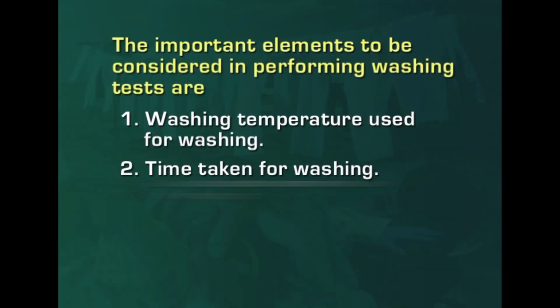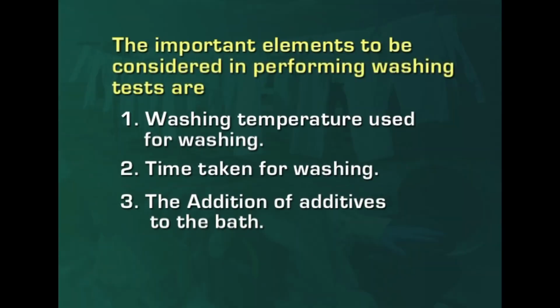So commonly we see such problems while soaking the material for a longer time and then washing results in poor fastness property. Next one is addition of additives like soaps and alkalis while washing. For example, sodium carbonate, which we commonly use, intensifies the washing property and also makes the dye run into the water.